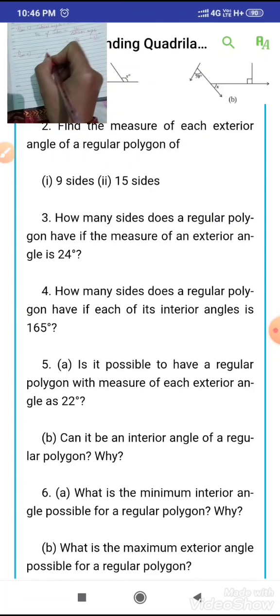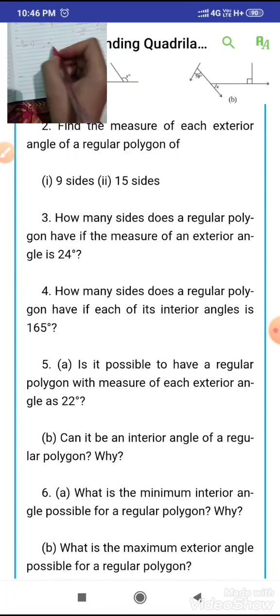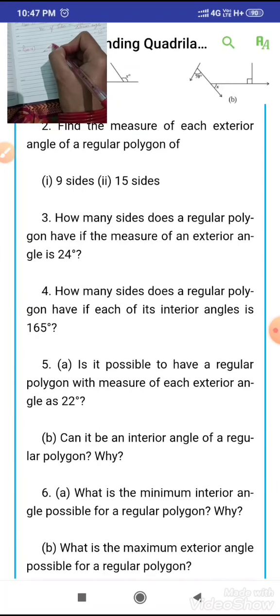Suppose we have a polygon and its interior angle is given and we have to find its exterior angle. For this we apply the concept of linear pair. In a linear pair, the sum of the adjacent angles is equal to 180 degrees.